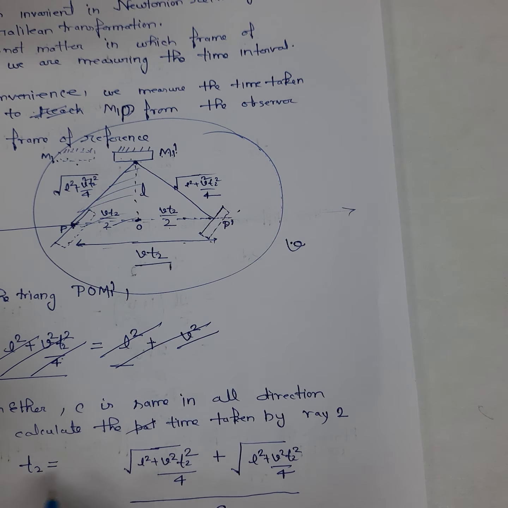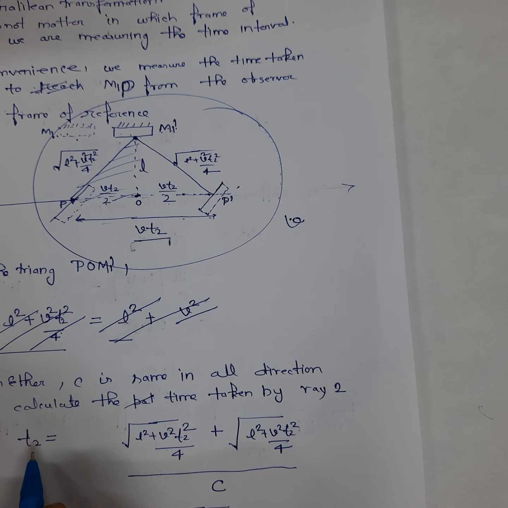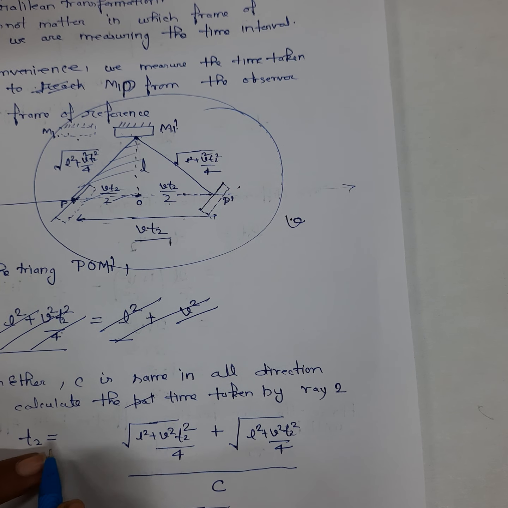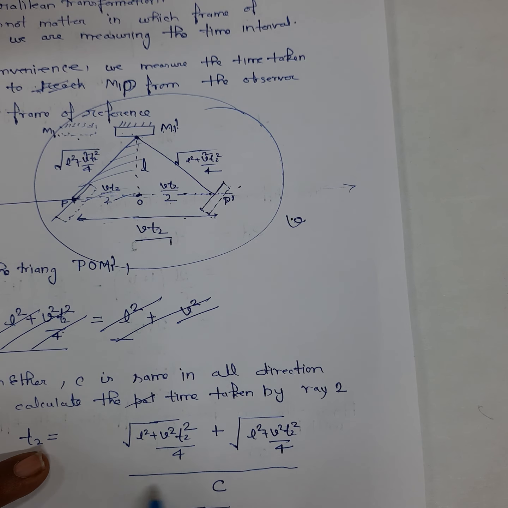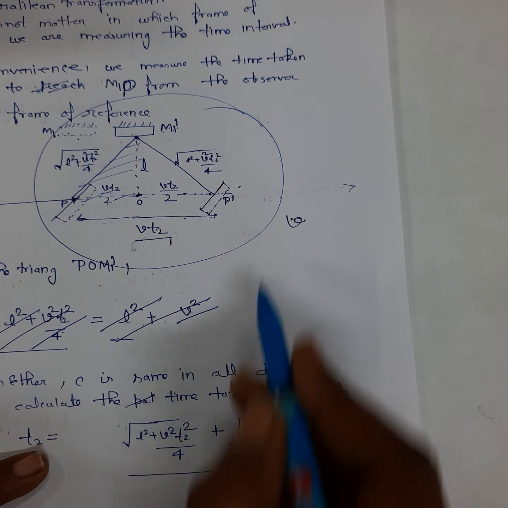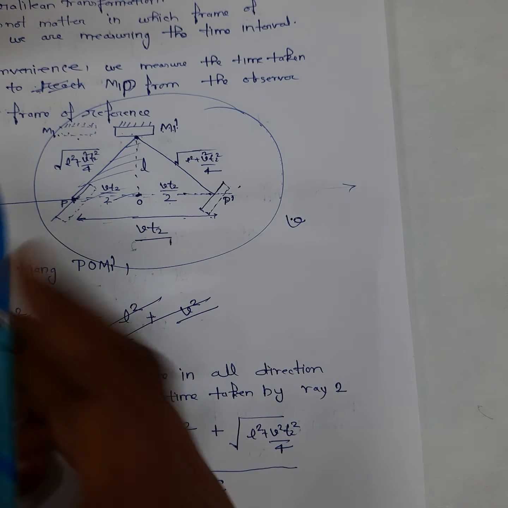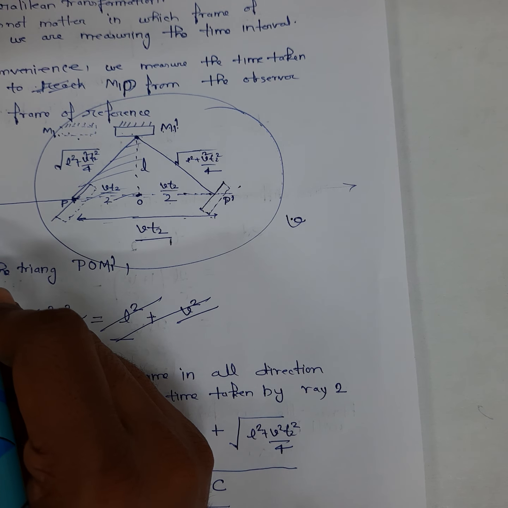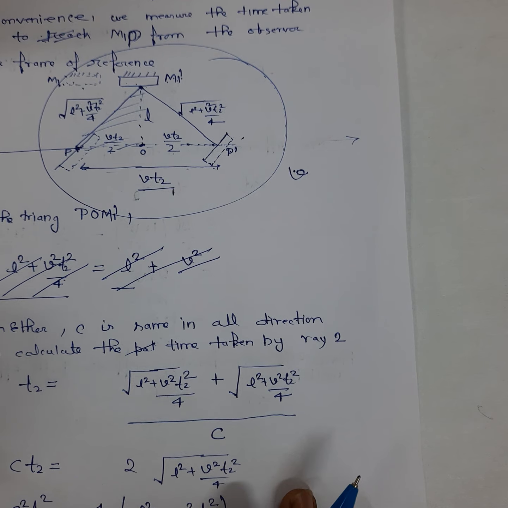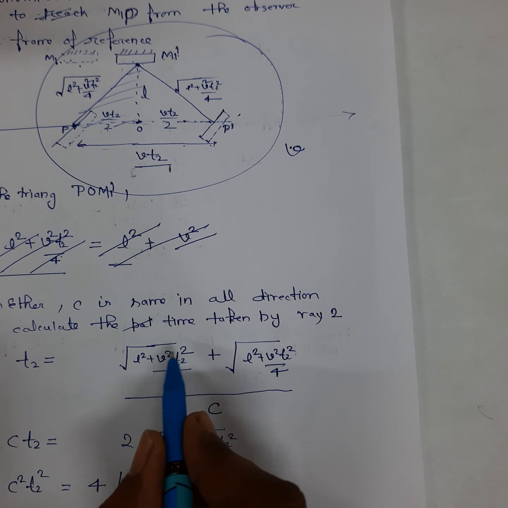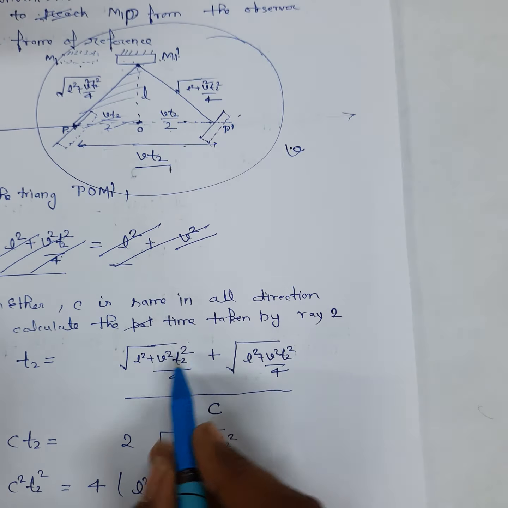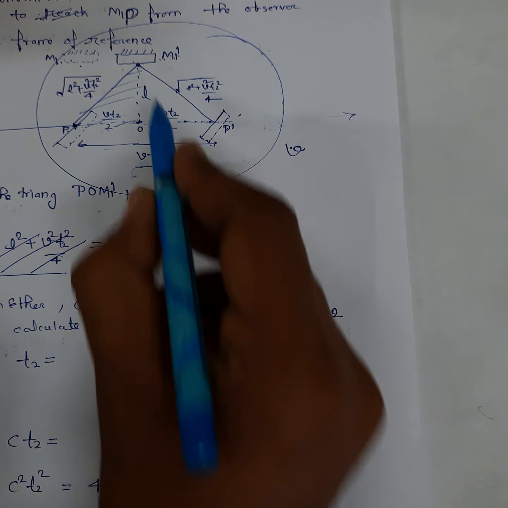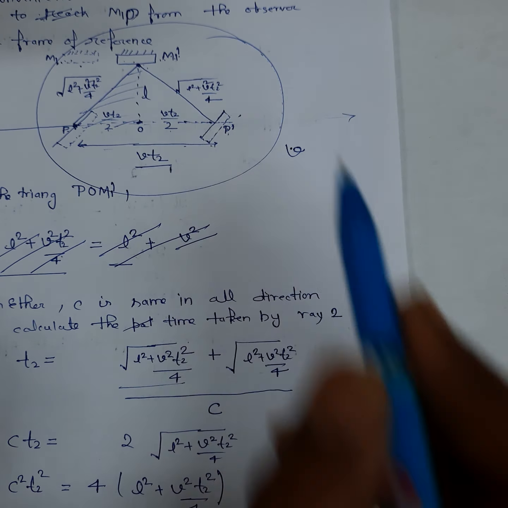From this triangle we can calculate the time T2 as this distance plus this distance, divided by C, because the velocity of light is the same in all directions with respect to the observer of the ether frame of reference. So this is the distance P to M1 dash, and this is the same distance as M1 dash to P dash.